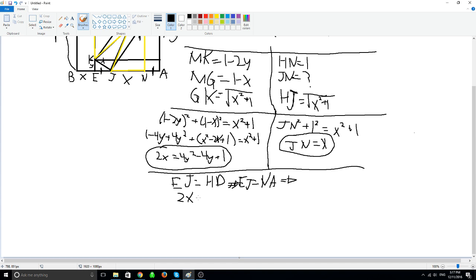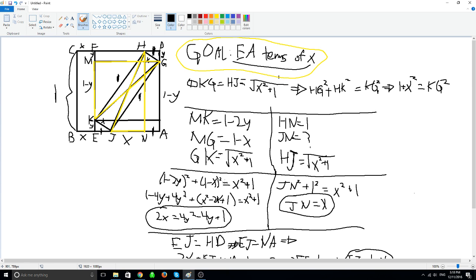So now we have 2x plus EJ plus NA is equal to 1, and that means that 2x plus 2EJ is equal to 1, and that means EJ is equal to 1/2 minus x. We're going to circle that right over here. So that will be very important. And now we pretty much solved most of the hard part right over here.